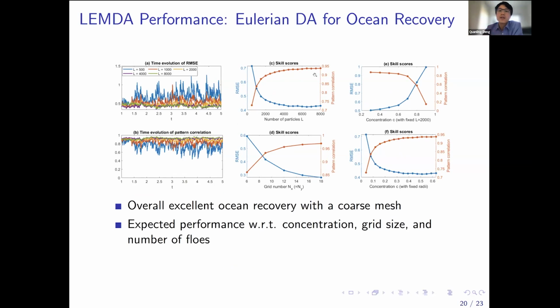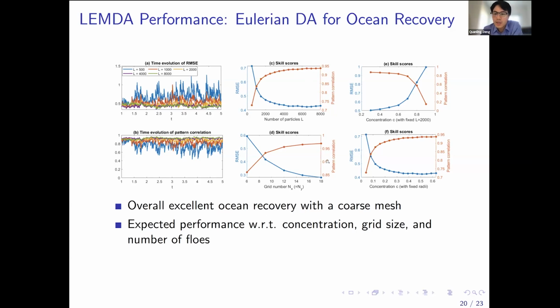So there's a limit, meaning that the pattern correlation does not get better when we increase the number of particles. The reason is that if we have a domain with fully packed floes, the floes will barely move around in the domain, and then that will not be able to recover the ocean current.